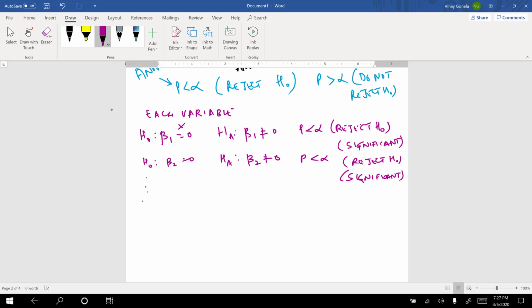So on you will do, until H null beta k is equal to 0, and H alternative will be beta k not equal to 0. Again you are looking at p-value less than alpha, then reject H null, and this is significant. So you are looking at these p-values.